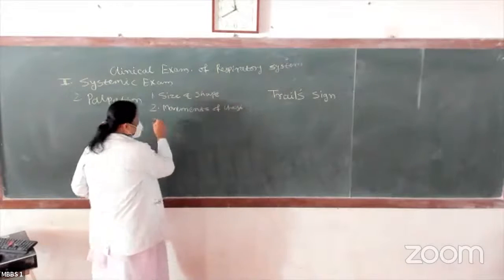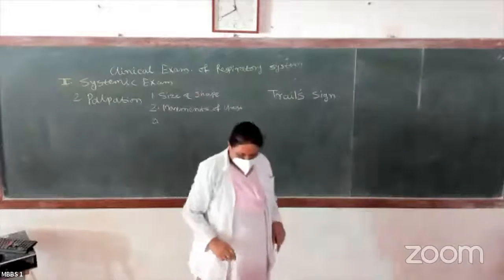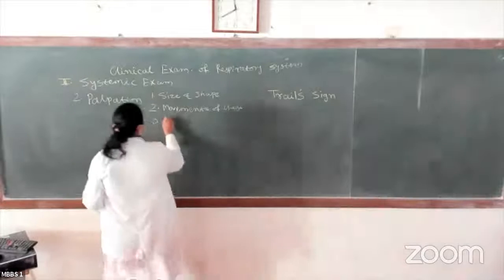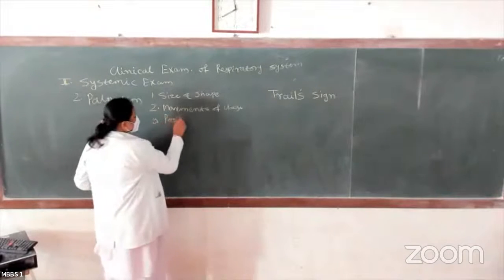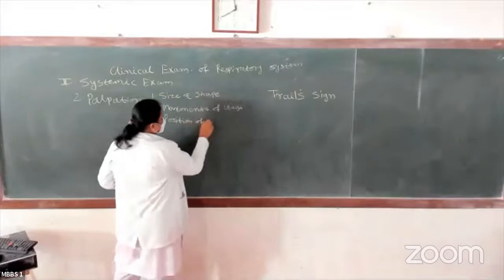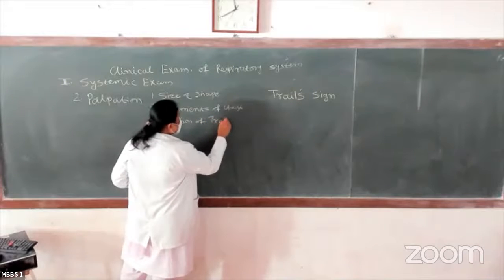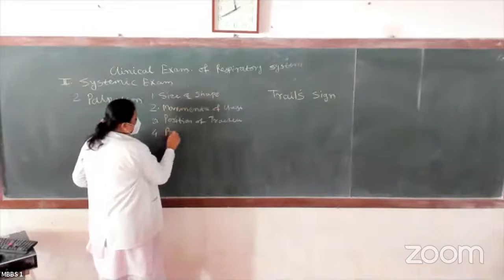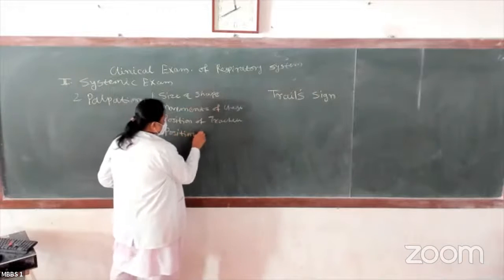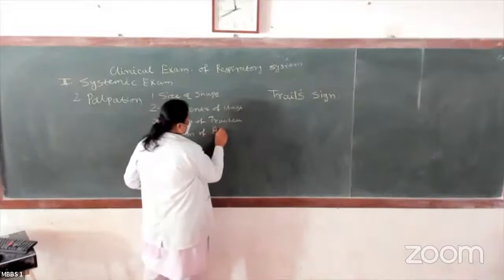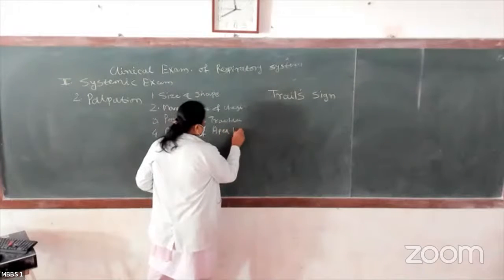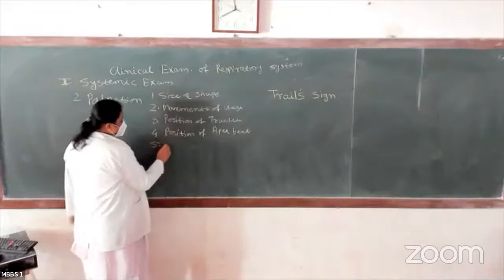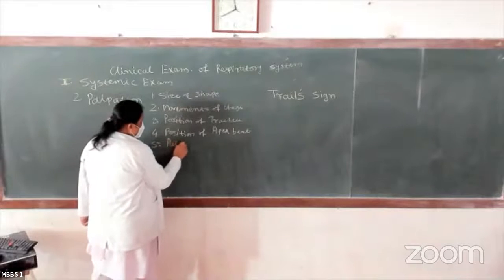Third point is the position of the trachea, and an examination of the position of the apex beat. Remember the trail sign for the examination of the trachea. Last is the pulse respiration ratio.